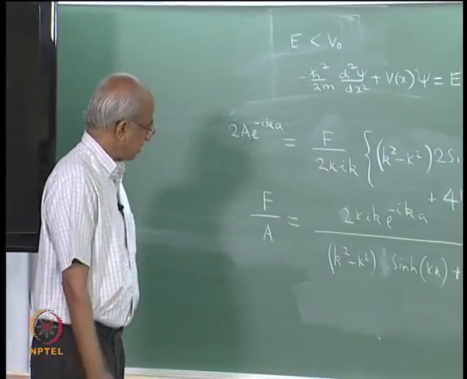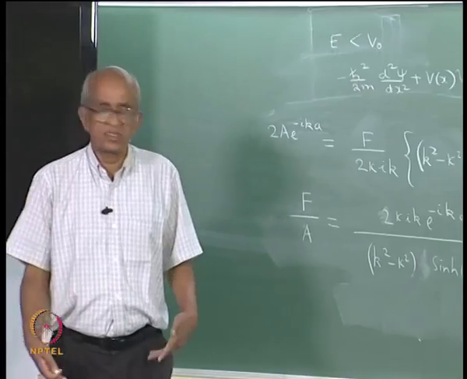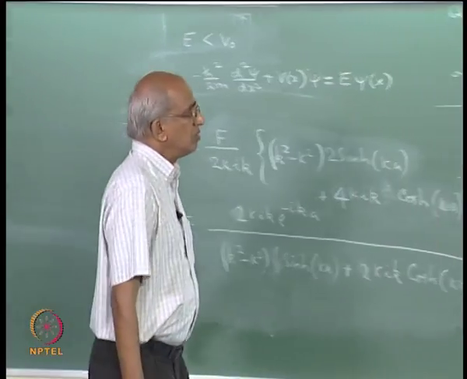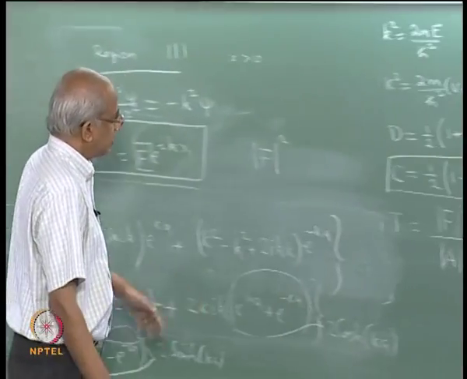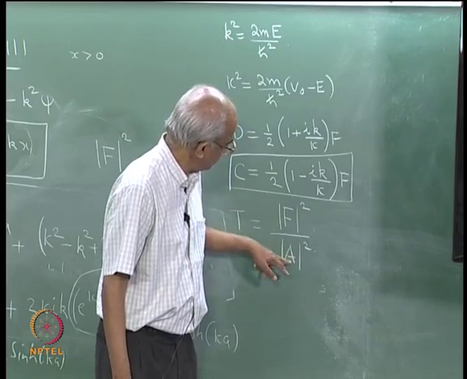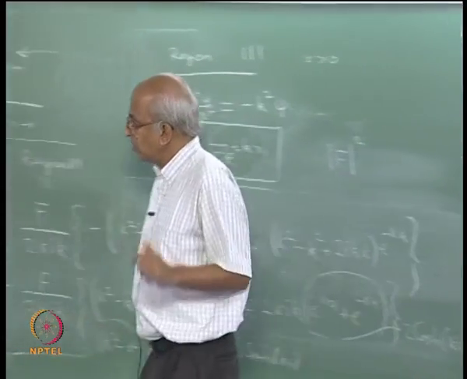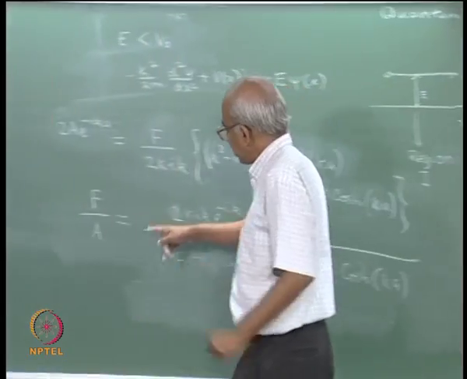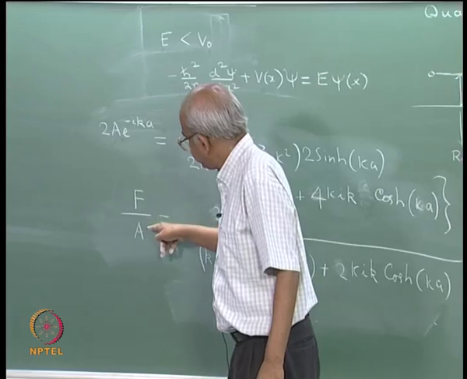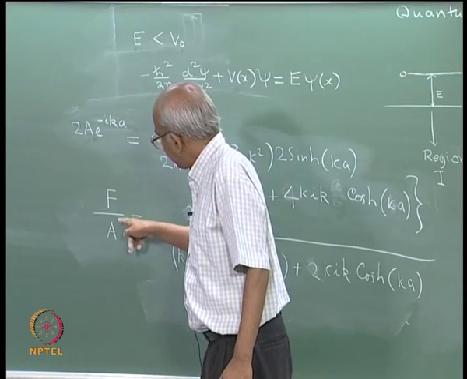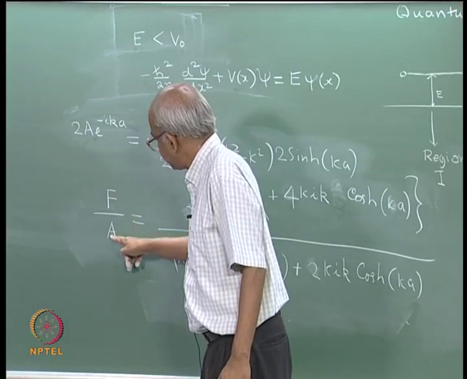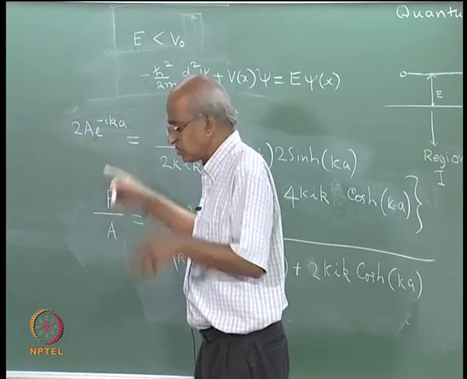Okay, so, this is the expression that we will use in the next lecture to derive an expression for the transmission probability or transmission coefficient T, which is equal to magnitude of f square divided by magnitude of a square. So, in order to do that, I have an expression for f, and I will have to take the magnitude of f divided by the magnitude of a and then take its square.